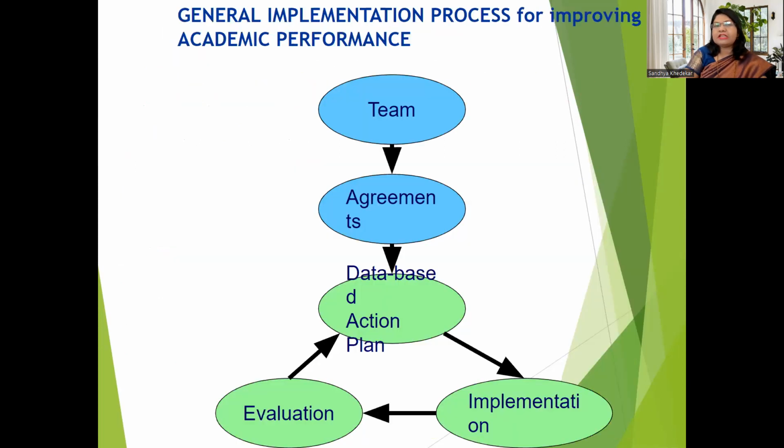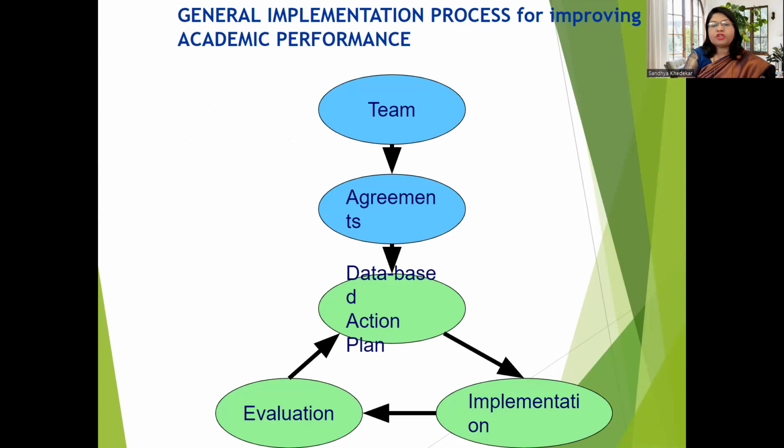It is very challenging again to use various tools for our e-content. The general implementation process for improving academic performance in the inclusive classroom situation is: we have to build a team, we have to do teamwork, we have to make different agreements, a data-based action plan, implementation of it, and evaluation.